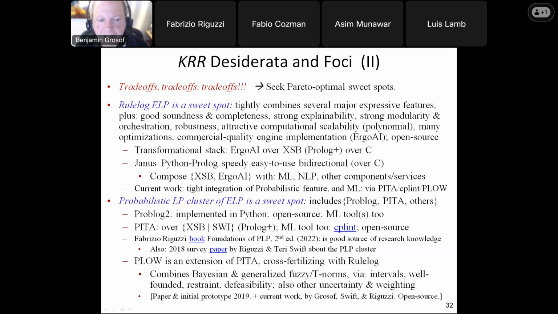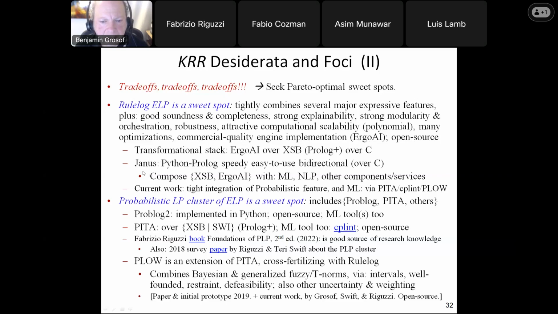Many other optimizations, and it has a commercial quality engine implementation in open source called Ergo or Ergo AI. It uses a stack of transformations to define the semantics and also implement on top of XSB, and XSB in turn does that over kernel, which in turn is implemented in C.